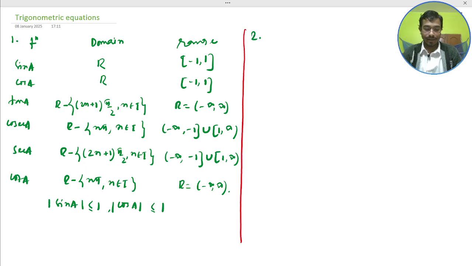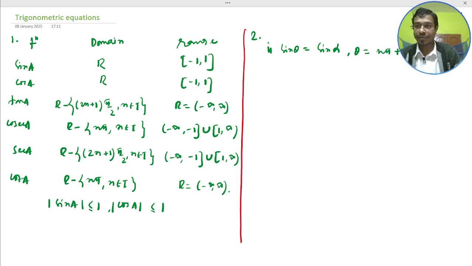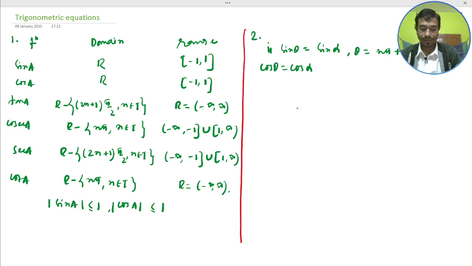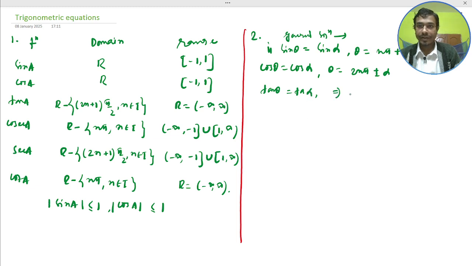And the next one, the important formulas. If sin theta equals sin alpha, the general solution is theta equals n pi plus minus 1 whole to the power n alpha, where n belongs to I. Next, for cos theta equals cos alpha, theta would be 2n pi plus minus alpha, n belongs to I. Next, for tan theta equals tan alpha, theta would become n pi plus alpha.